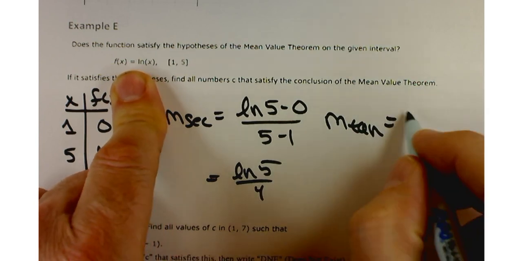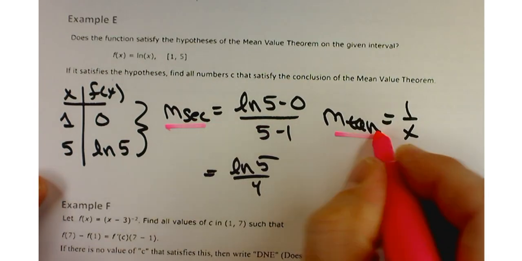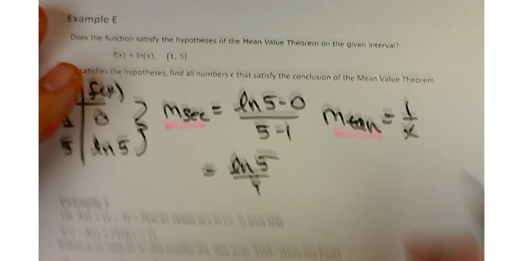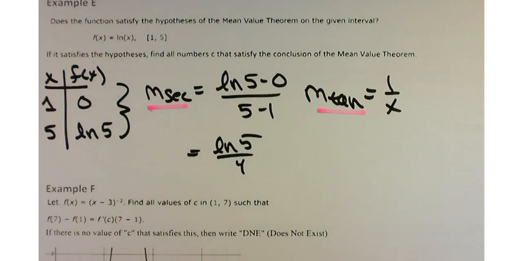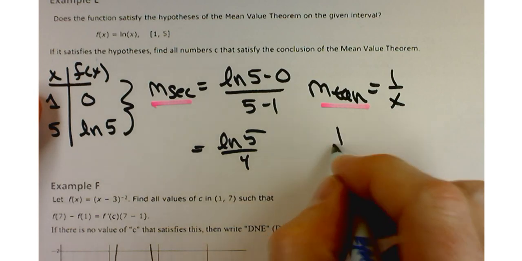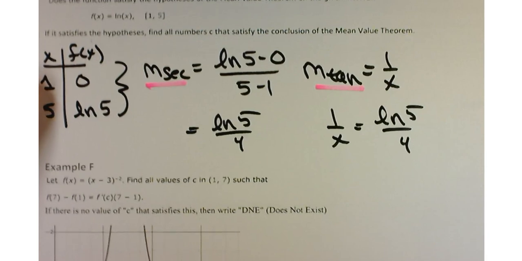Yeah, 1 over x. So at some point, the slope of the secant line has to equal the slope of the tangent line. And that's what we're going to set equal to each other. So that's going to be 1 over x equals ln of 5 over 4.